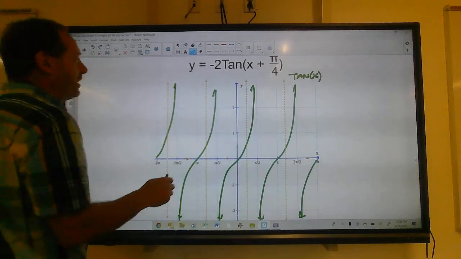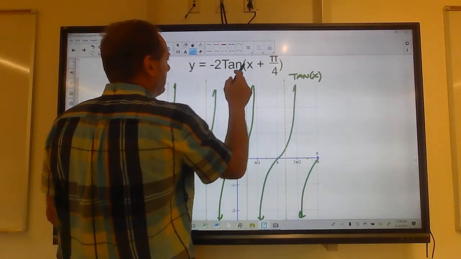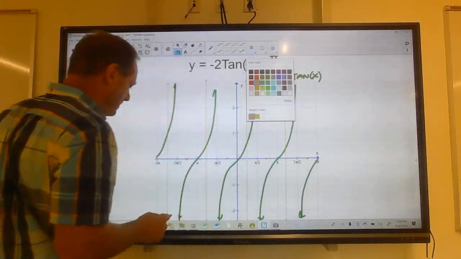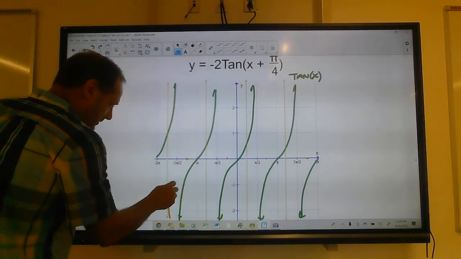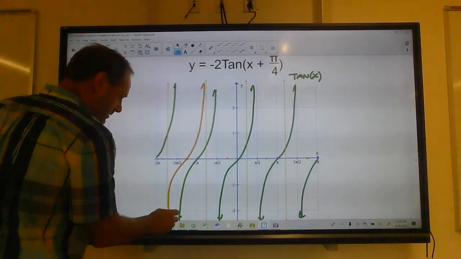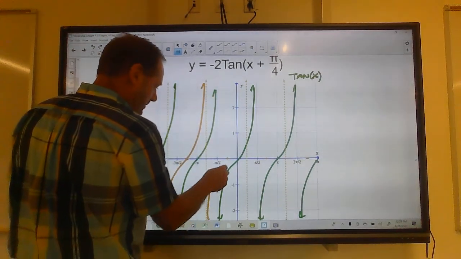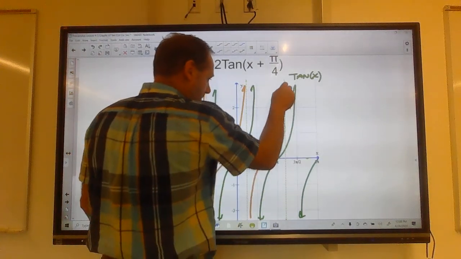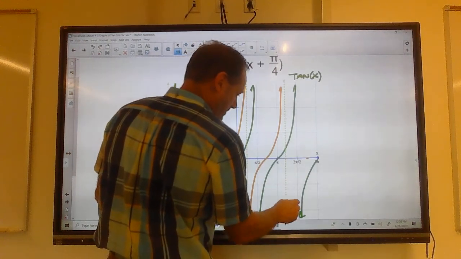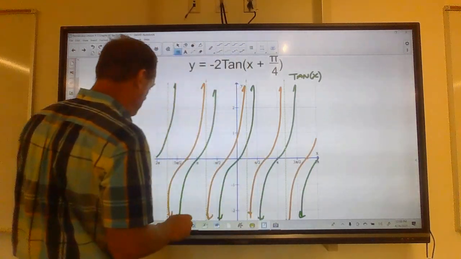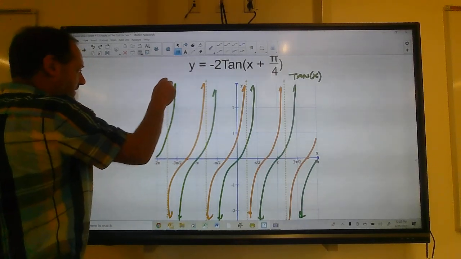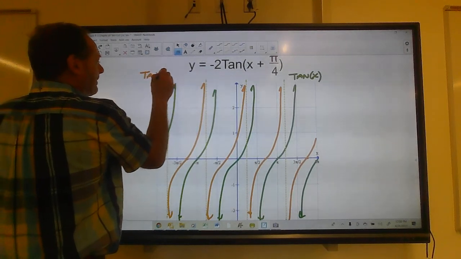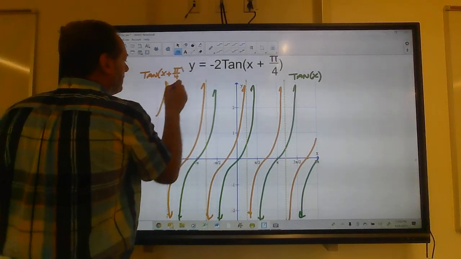Now I'll go ahead and draw the tangent. So this would go like this. This would go like this. Something kind of like that right there. So there is tangent of x plus pi over 4 in orange.